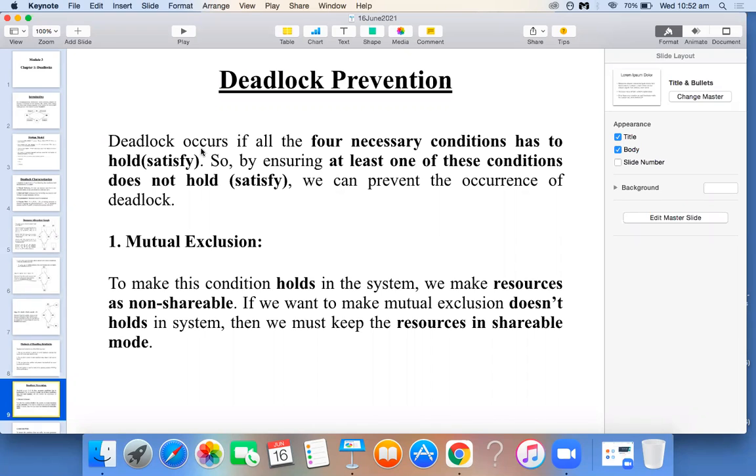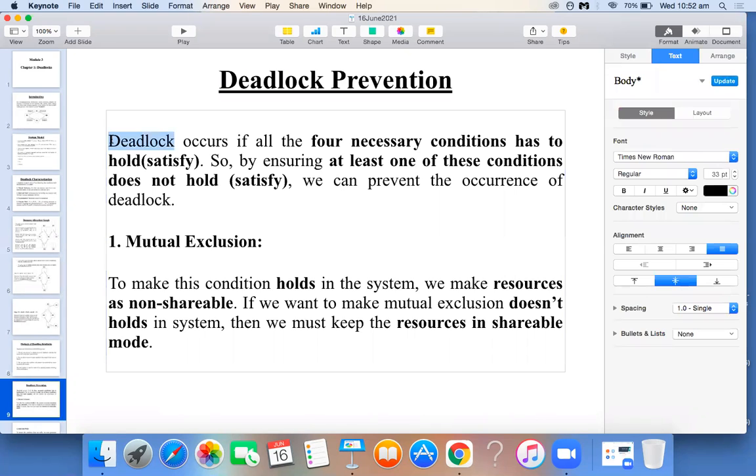Correct? That's what the first point highlighted in your slide says: deadlock occurs only if all the four conditions are satisfied or all four conditions hold. Now, if I don't want deadlock to occur, to prevent it, what should I do? I have to show that any of these conditions should not be satisfied.